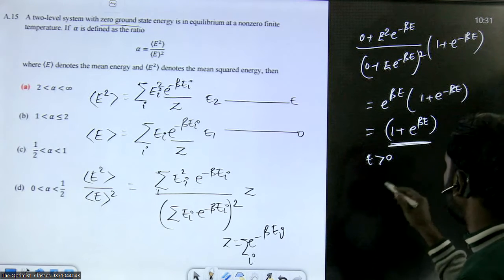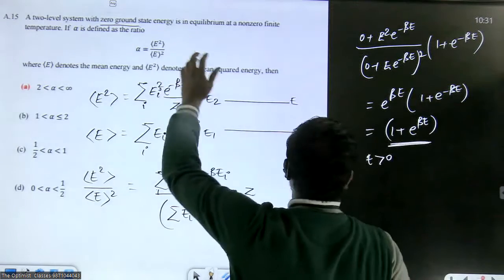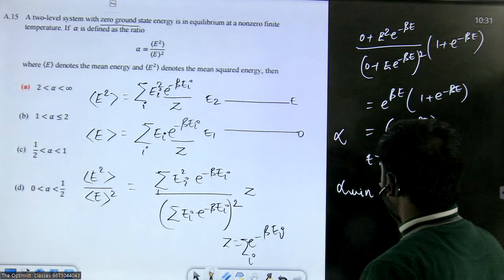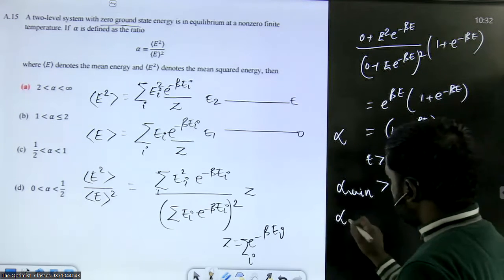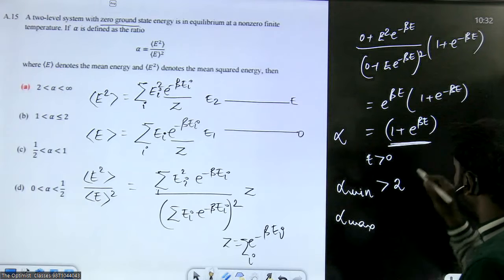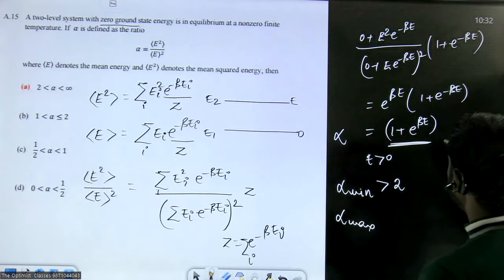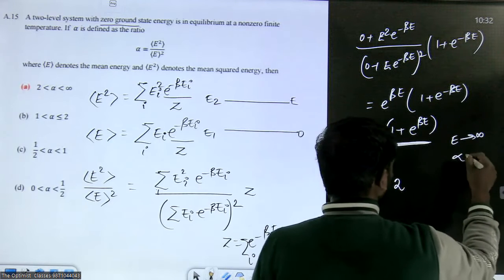The minimum value for this ratio is alpha. So alpha minimum is actually greater than 2 because E is not 0. But if you take alpha maximum, E can be higher and higher, it can be anything. If E tends to infinity, this will become infinity, so alpha tends to infinity.